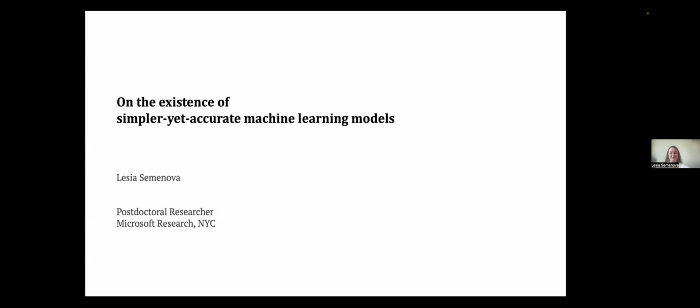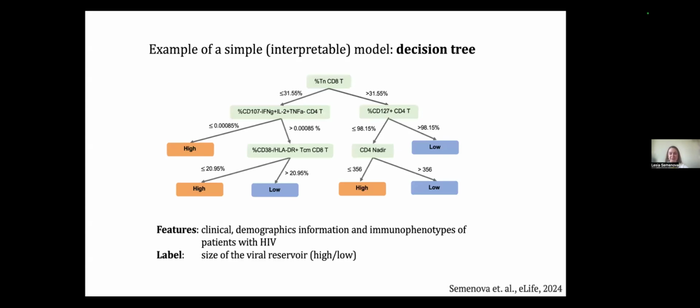Before we jump into the results, let me give you an example of a simpler or interpretable model. This tree was constructed while I was collaborating with immunologists. We were provided a data set from people who had HIV, and it came from Duke and University of Chapel Hill hospitals.